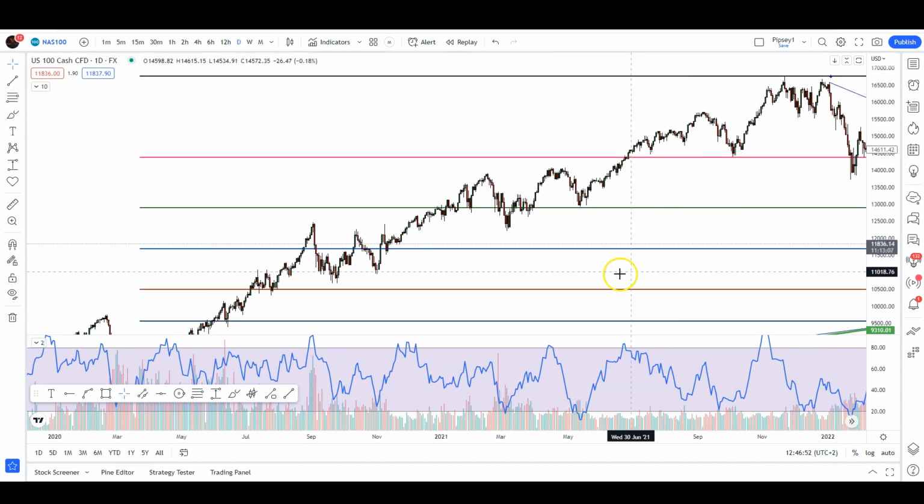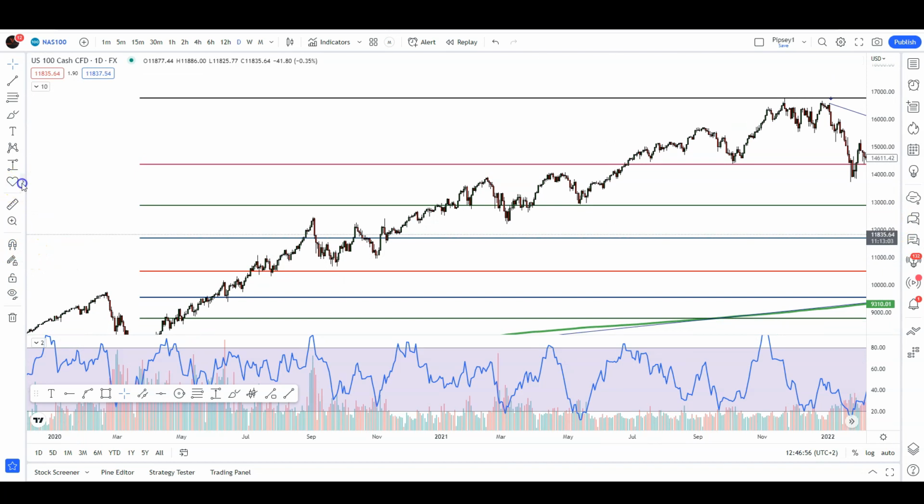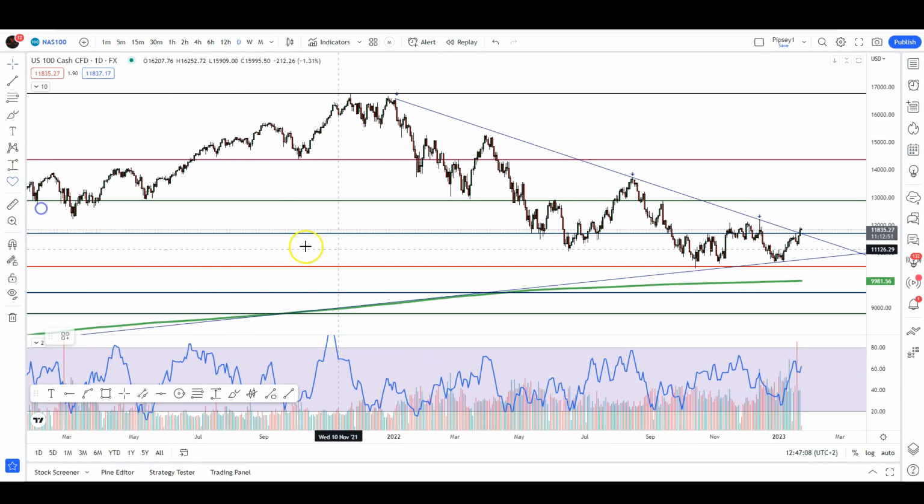But now this 50 level on the Fibonacci, we can take a look back here and see that it gave us some levels of support, but also reacted as resistance, right?